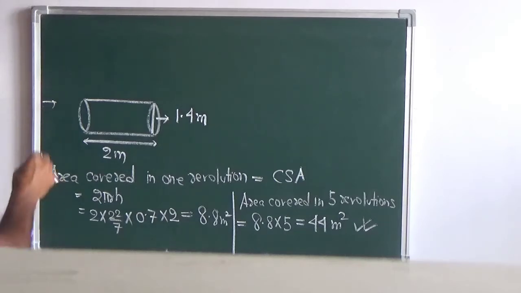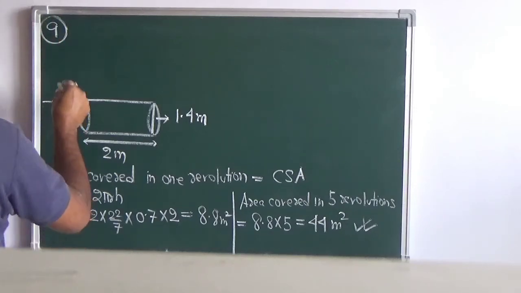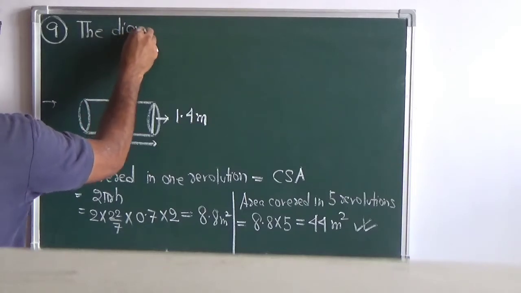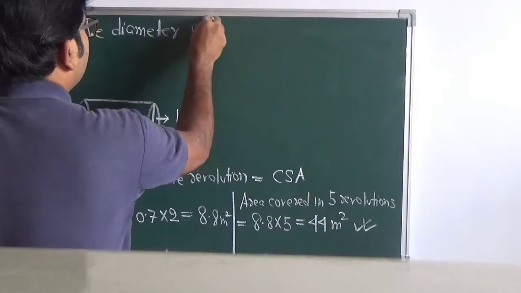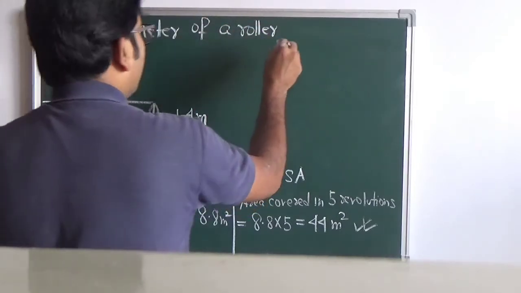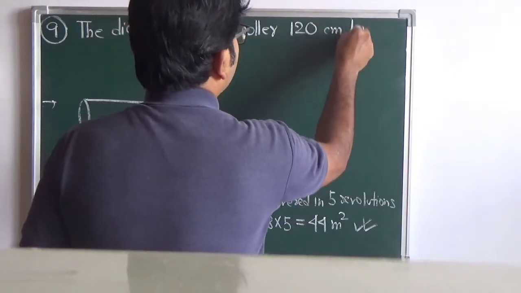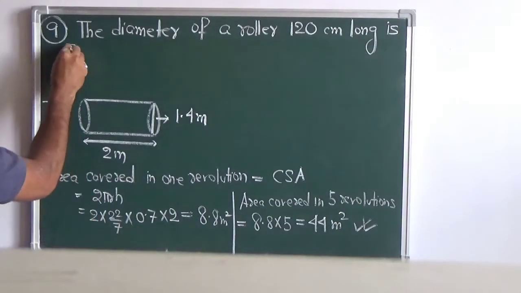Question number 8. The diameter of a roller, 120 centimeter long, is 84 centimeters.